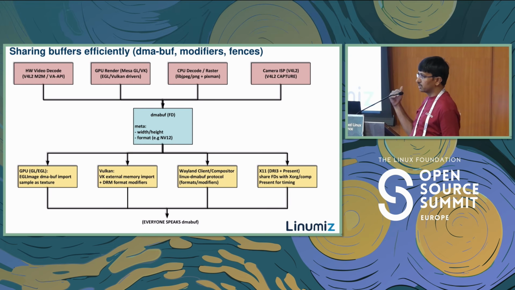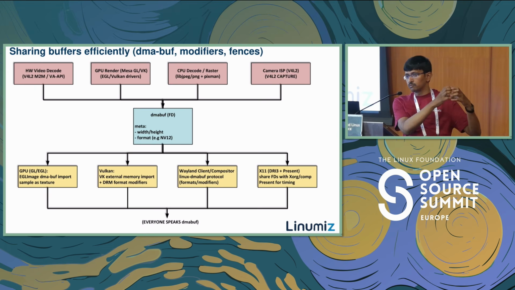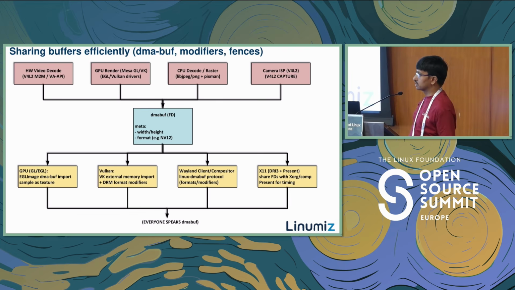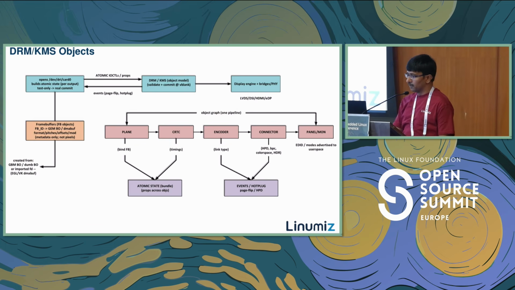The same skb will be the consumer. There are no additional copies from one layer to another. The DMA buffer works like that for the display system. It is not the whole content of your display which is copied at every instance of the stack. It is the same FD which is sent from one layer to another. And then the DMA buffer finally lands in the KMS system.